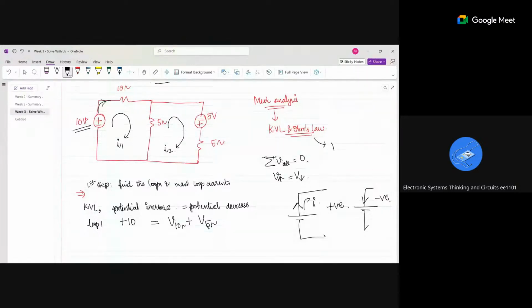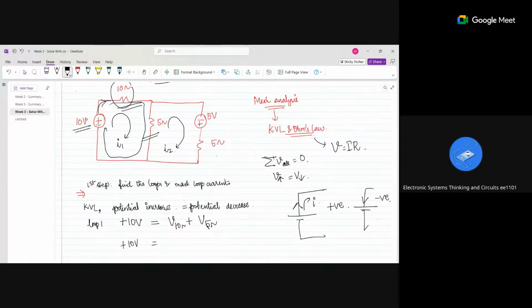By Ohm's law, V is equal to IR. Ma'am, we did not consider the 5 volt and 5 ohm? This loop is associated with only this 10 ohm and this 5 ohm. It has no relation with this one, which is the next branch. I1 is flowing only in this loop, so I will consider only the components in that pathway.